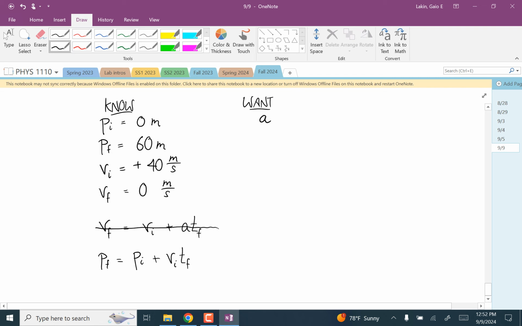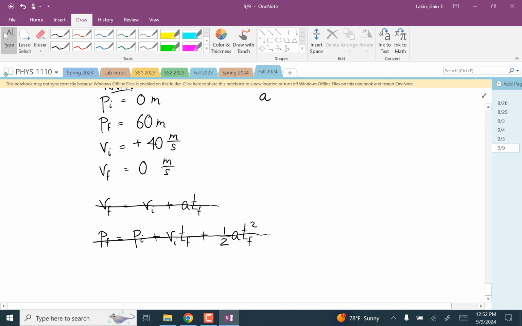And right there you see the problem again. It has T final in it, which was the problem last time, right? So this one isn't going to work either. So it all comes down to the third equation. 2 times A times the quantity P final minus P initial is equal to V final squared minus V initial squared.